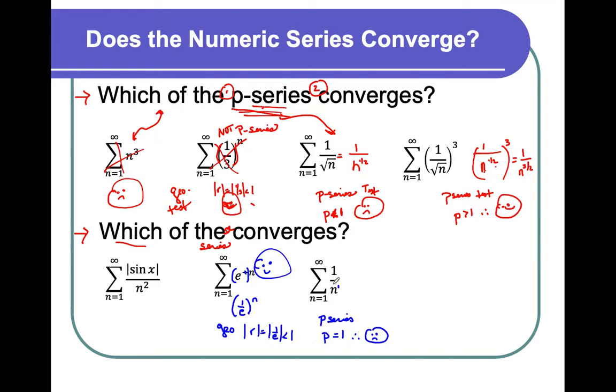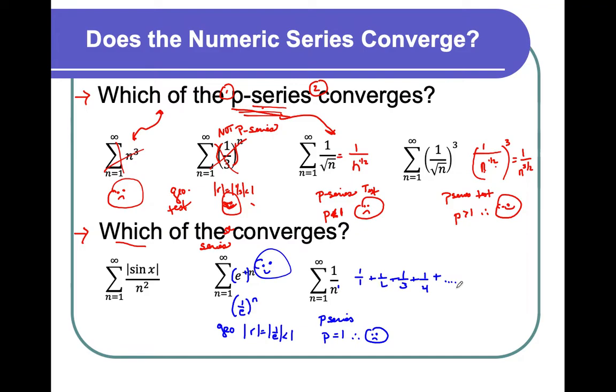This is a very famous series, right? It's 1 over 1 plus 1 over 2 plus 1 over 3. This series does not converge, even though the terms do go to 0, right? These terms are going to 0. This is the best example of showing just because your terms do go to 0, your series does not automatically converge.